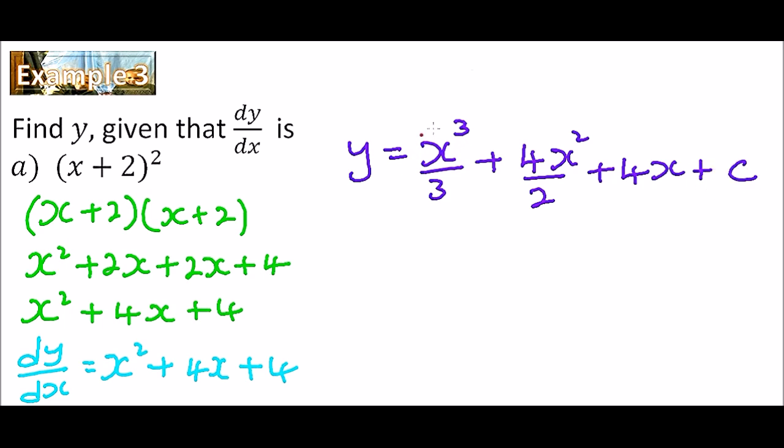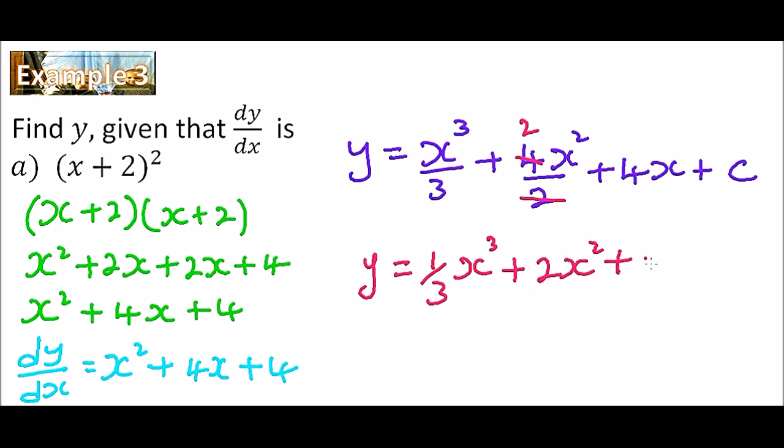When you simplify this, you get y is equals to a third x cubed, and here we divide 4 by 2, we get 2, so it is plus 2x squared plus 4x plus c. So that is how you integrate to get the function from the gradient function (x + 2) squared.